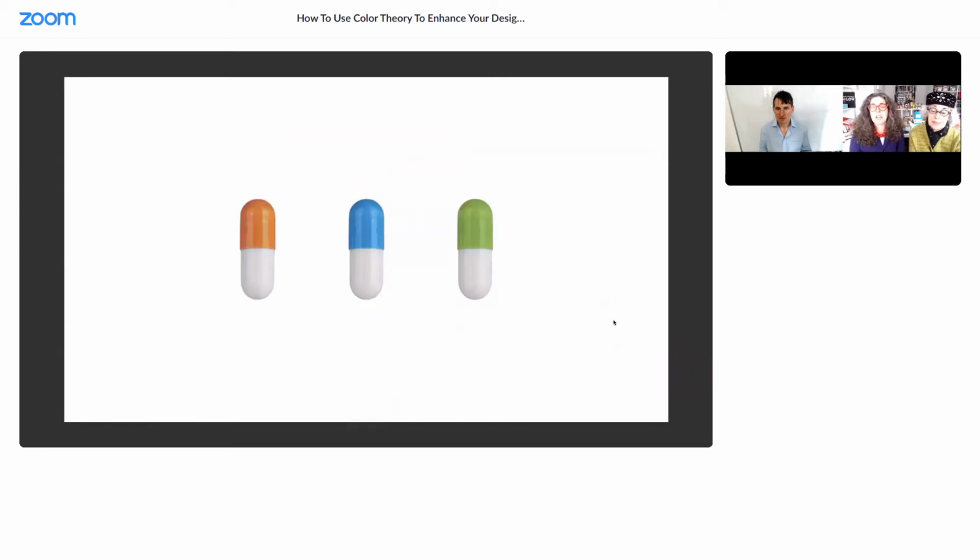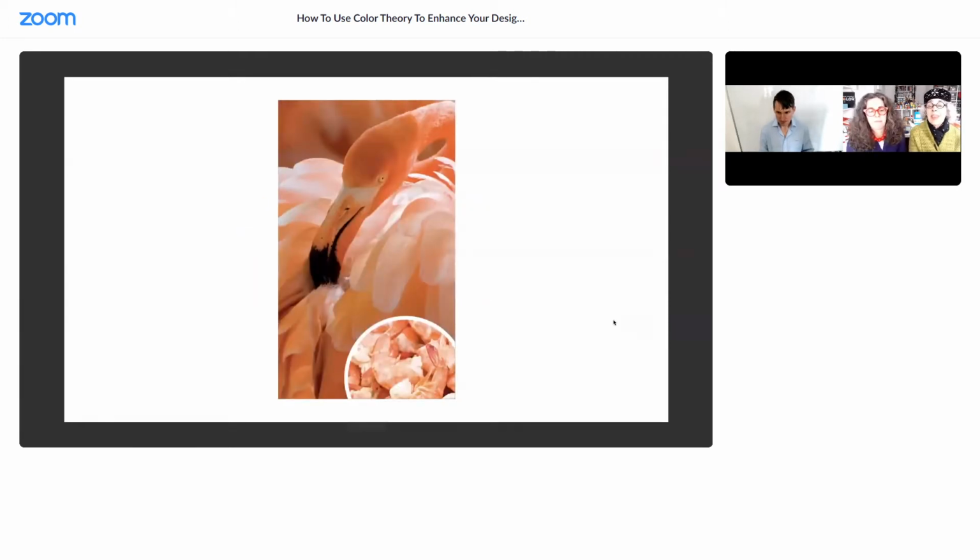If you took a certain pill of a certain color for a year, and then the manufacturer changed the color of that pill, there's a 50% chance that you would stop taking the pill, even if it was necessary for your health. Flamingos get their beautiful color from the food they eat, including shrimp. And without food that is itself salmon in color, they would fade to white.